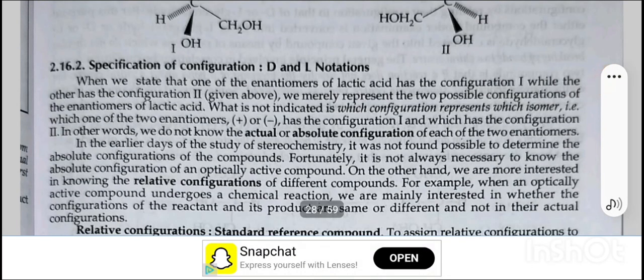Specification of configuration D and L notations. When we state that one of the enantiomers of lactic acid has configuration 1 while the other has configuration 2, we merely present the two possible configurations of the enantiomers of lactic acid.